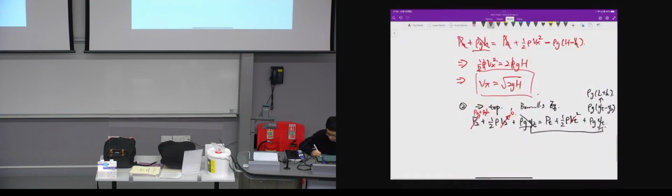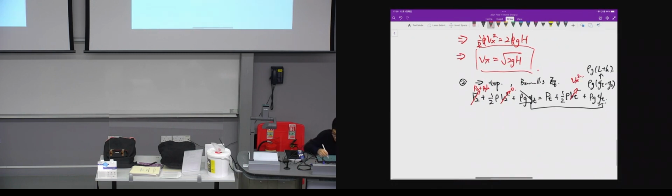And then we also know Vt, the velocity at the top. As we said, according to continuity, the velocity at the top must be the same as the velocity at the exit, so we have Vx here. Then the equation is PA plus rho g h equals Pt plus half rho Vx squared plus rho g times L plus h.